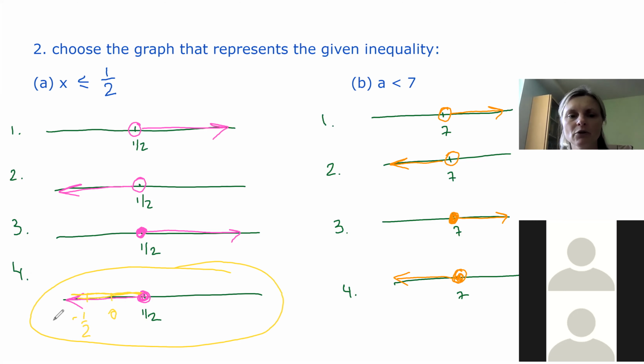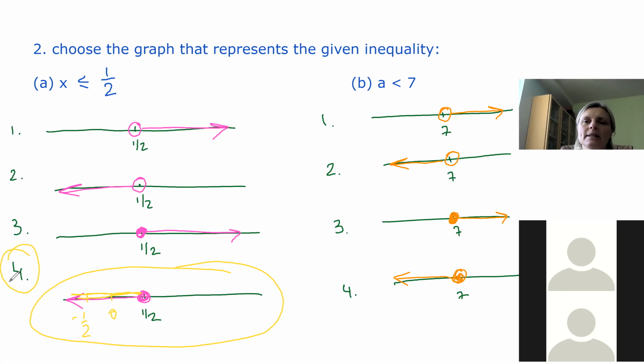So the number line usually runs that we have smaller numbers on the left and greater numbers to the right, right? That's why the 4 will be the correct answer for the item X. So first of all, 1/2 is included. And secondly, we shade everything to the left of the 1/2, right?